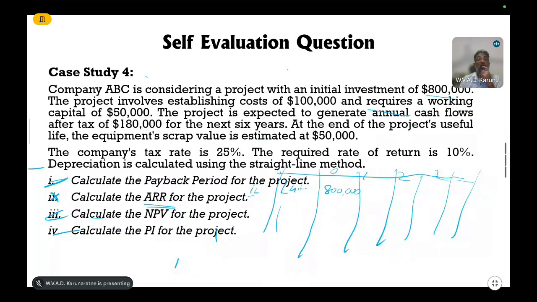The project involves establishing cost, that is a part of the initial cost. Establishing cost, that is 100,000.